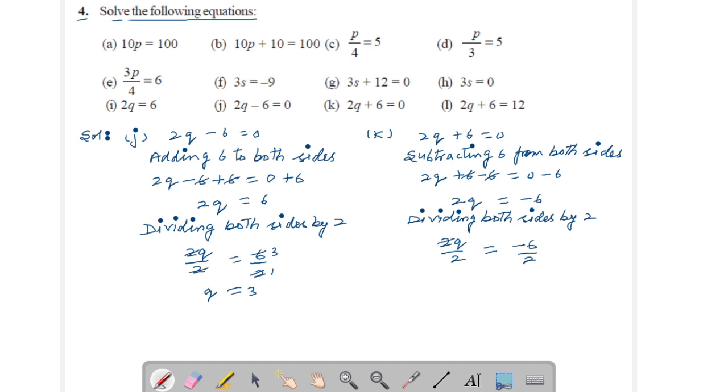Here cancel 2 by 2. What will you get? q equal to, here cancel 6 by 2. 2 ones are 2, 2 threes are 6. q is equal to minus 3. This is your solution of the given equation.